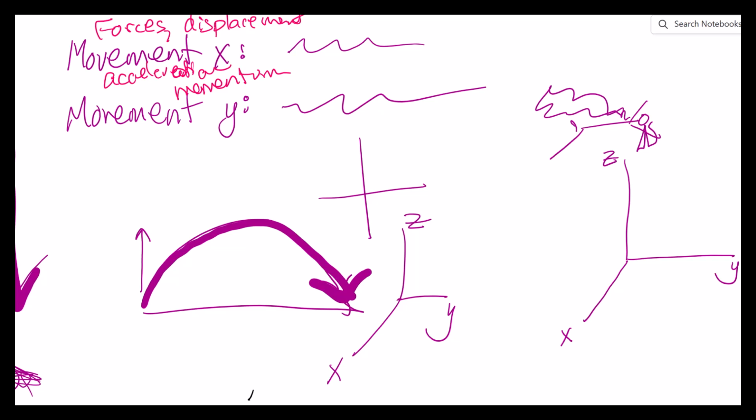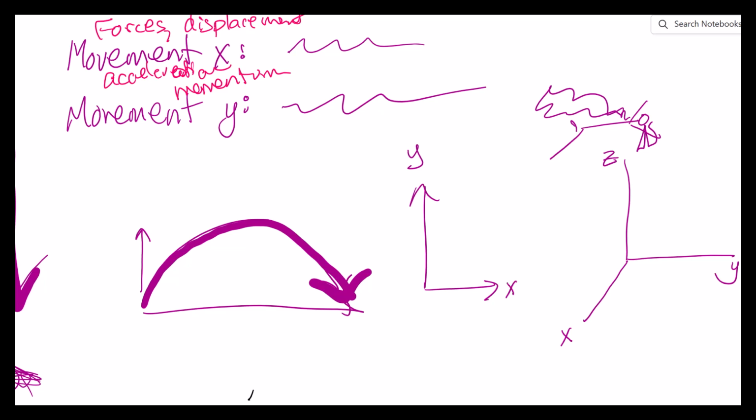Then I'm over here as a normal human, and I see y is up, x is to the right, and z is coming out of the page toward me.